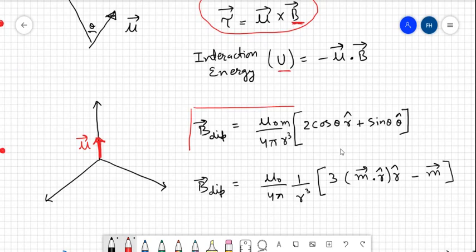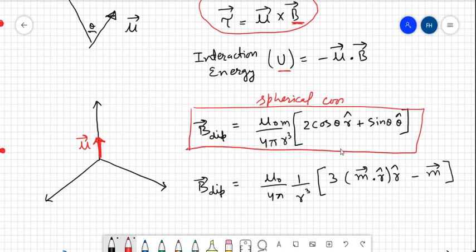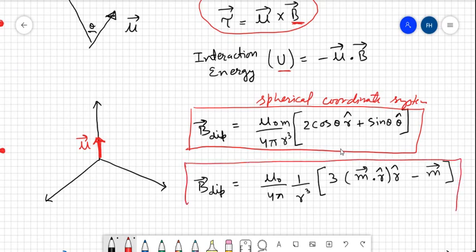Remember again, this is only valid for the spherical coordinate system. And if we want to use any coordinate system, then this is the correct equation. It is the same as in the electrical case, except that E's are changed to B, and p's are changed to m.